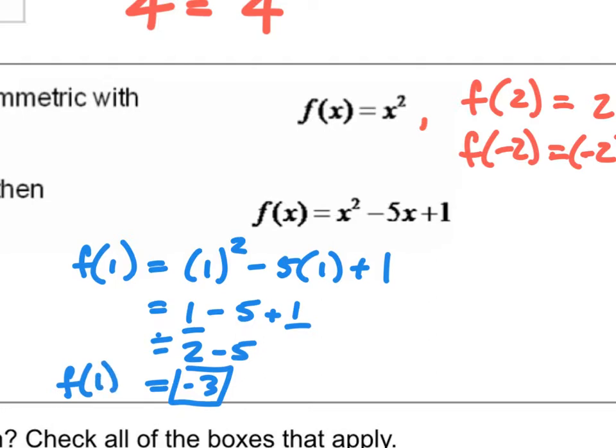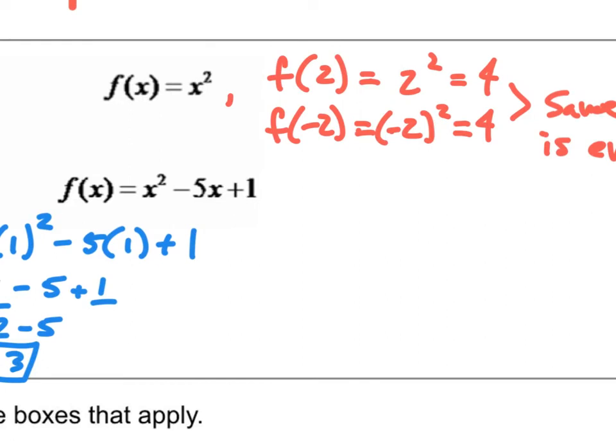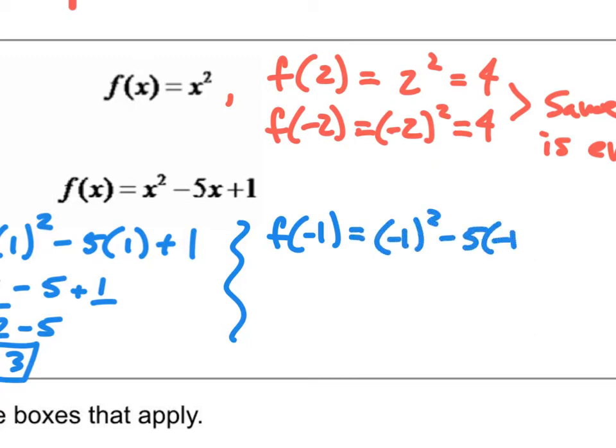Now let's plug in negative 1 and see what we get. f of negative 1 is going to give me the quantity negative 1 squared minus 5 times negative 1, and then plus 1. Negative 1 squared gives me positive 1. Negative 5 times negative 1 gives me positive 5, and then plus 1. And 1 plus 5 plus 1 gives me 7.